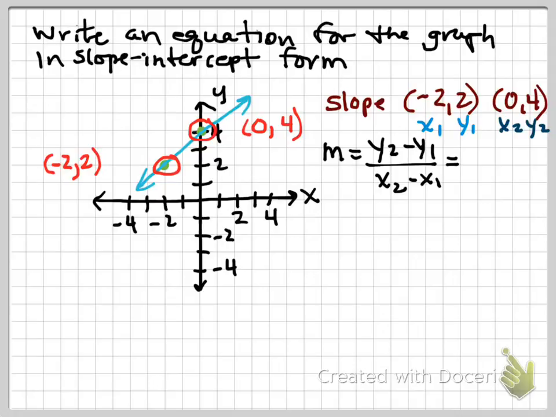So in our problem, I'm going to do it just like she did. I'm going to start with the y's. So y sub 2 is 4. And then the formula says to subtract from that the y sub 1, which was 2. And then we're going to divide that by the x sub 2 is 0 minus the x sub 1 is -2.